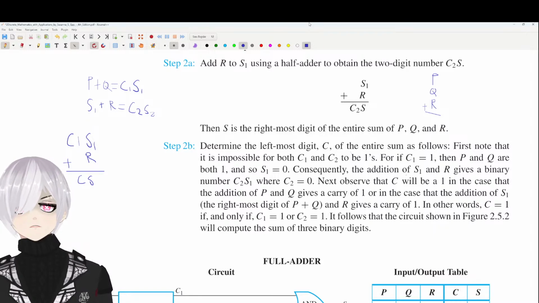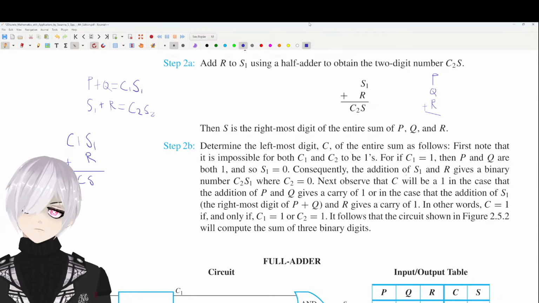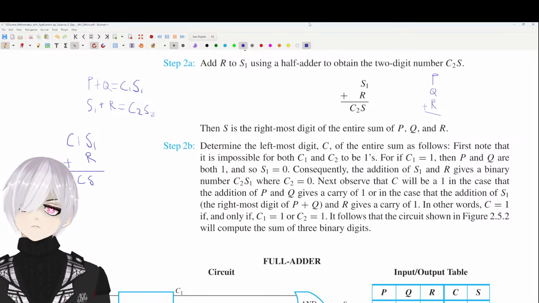Then we're just going to have 1 0 plus R. 0 plus R is R, whatever the binary digit R is. And so 1 0 plus R, we'll have a 1 as our C, the leftmost digit.